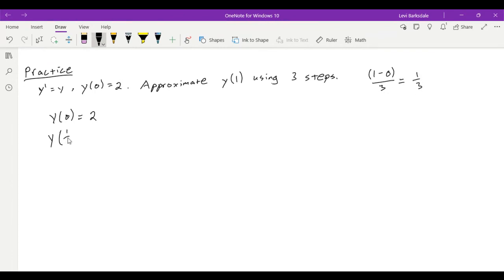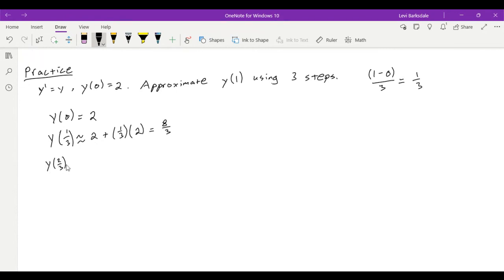So our first step would be at x equals 1/3. And we can say that at x equals 1/3, our y value is approximately our old y value plus our slope times our change in x. So our change in x is 1/3, and our slope is simply our previous y value, or 2. And 2 plus 2/3 is 8/3.